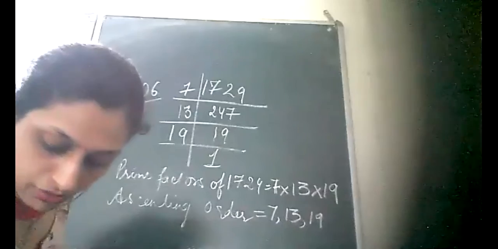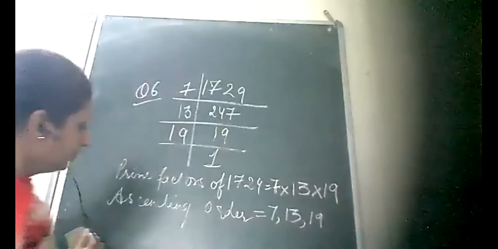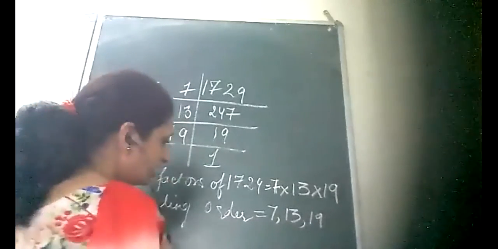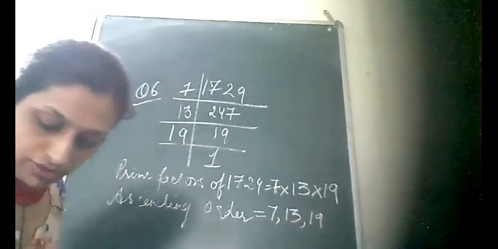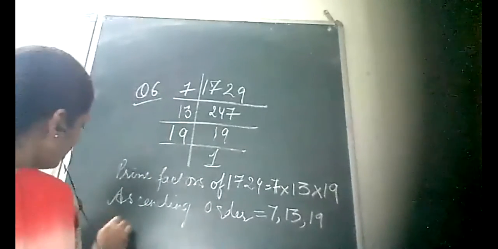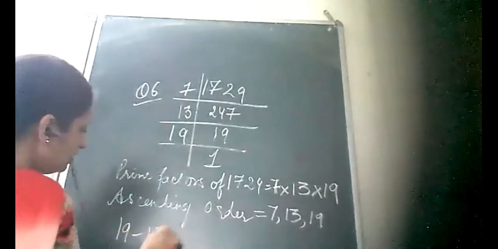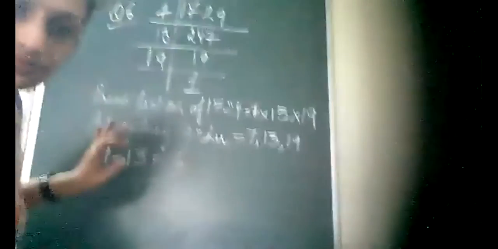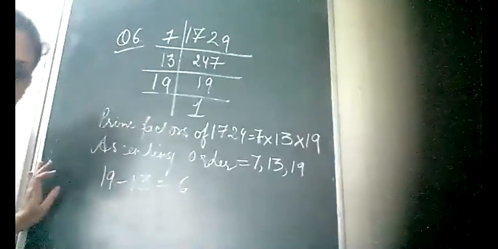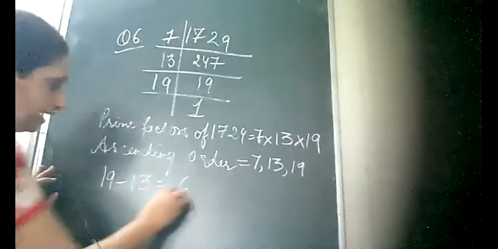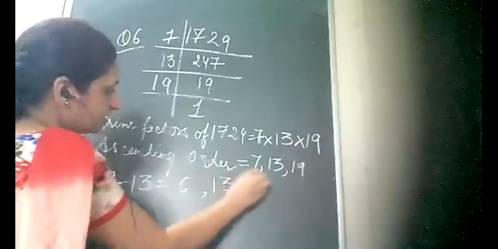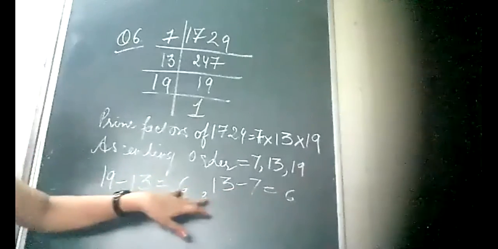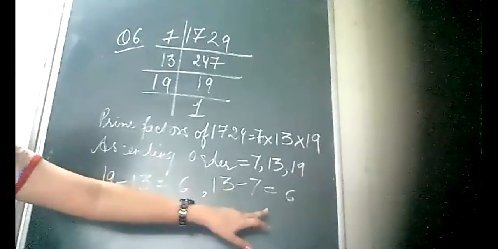So what we are going to do, we'll find out the difference. 19 minus 13 is equal to 6, and also 13 minus 7 is equal to 6. If you see, in both cases, when we find the difference, we are getting 6 as an answer.